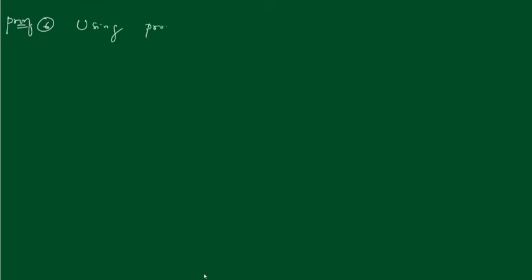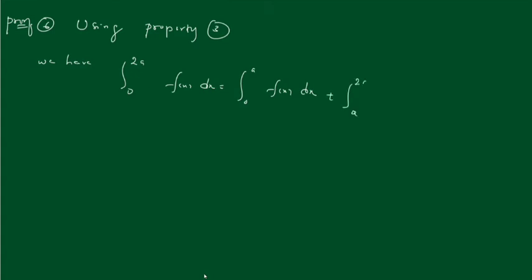Using property 3 we have the integration from 0 to 2a of f of x dx, which equals the integral from 0 to a of f of x dx plus the integral from a to 2a of f of x dx. Just splitting the limits here.